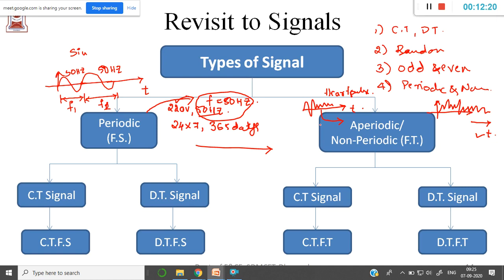My voice signal is also one of the best aperiodic signals, because whenever I talk to you there will be voice modulation, and because of it the frequency of my voice signal is going to vary. If you observe recorded audio or video signals on TV or on your mobile phones, you can see this kind of signal, right?